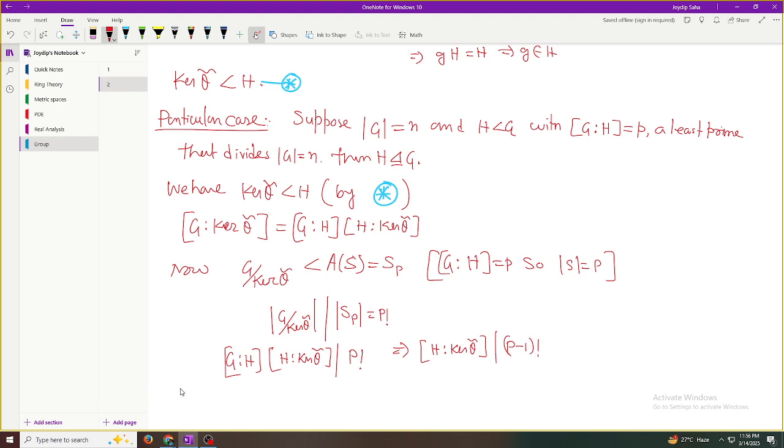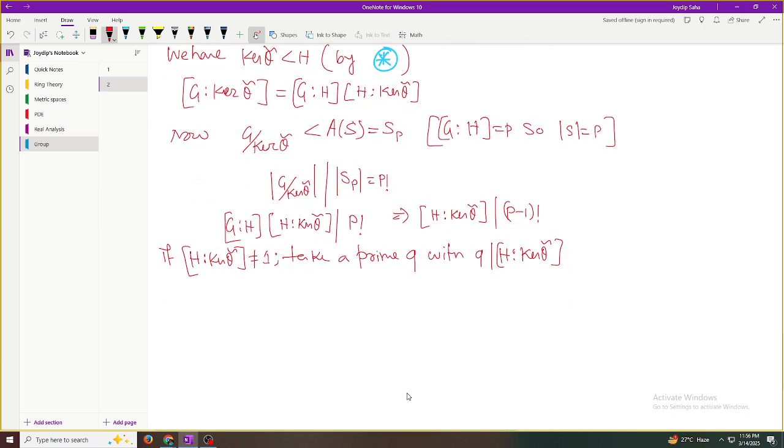If the index of H over the kernel of theta tilde is not equal to 1, take a prime divisor q of the index of H over the kernel of theta tilde. Now q divides H colon the kernel of theta tilde, and that divides (p minus 1) factorial.